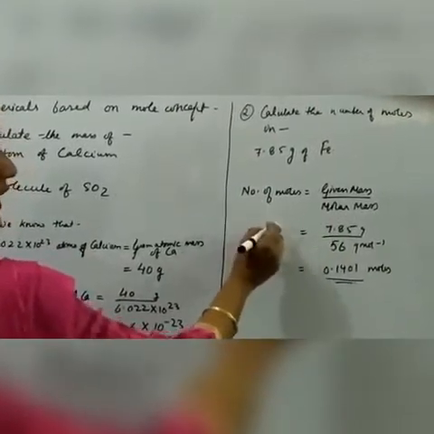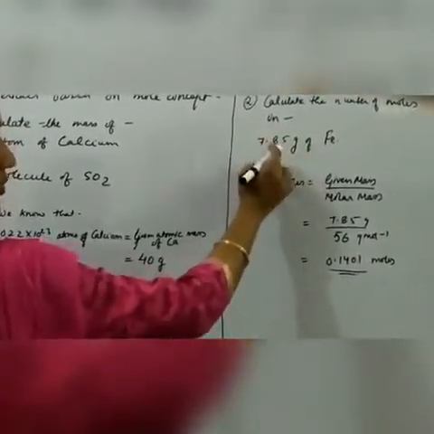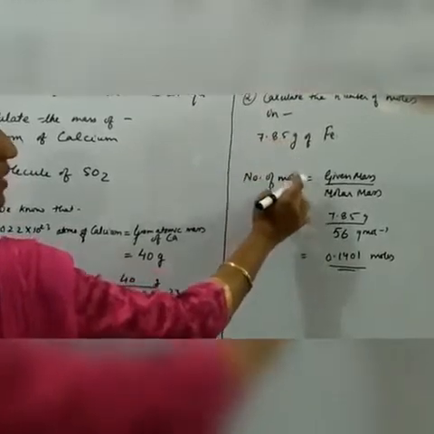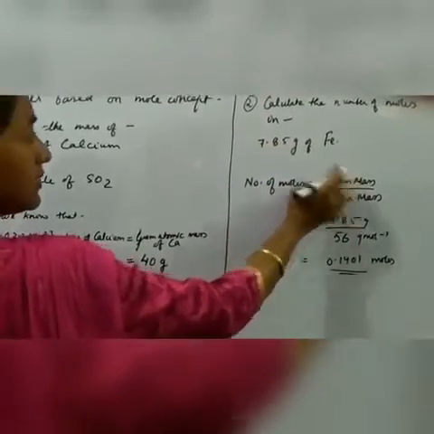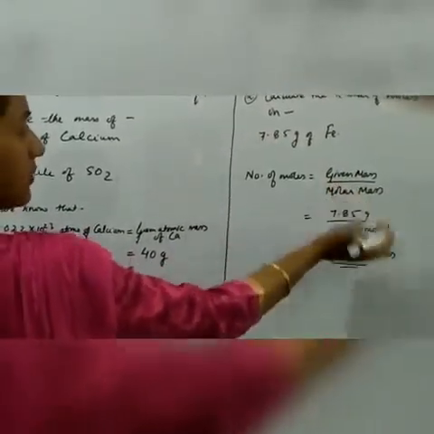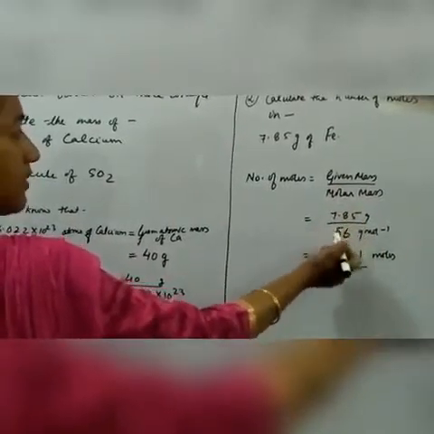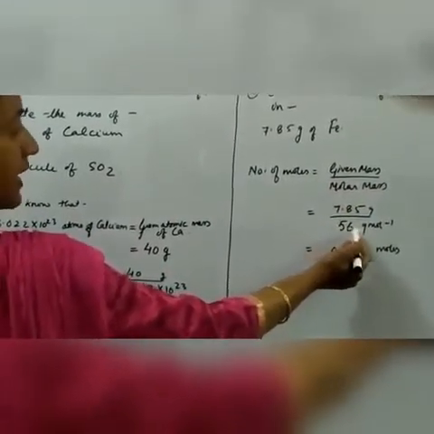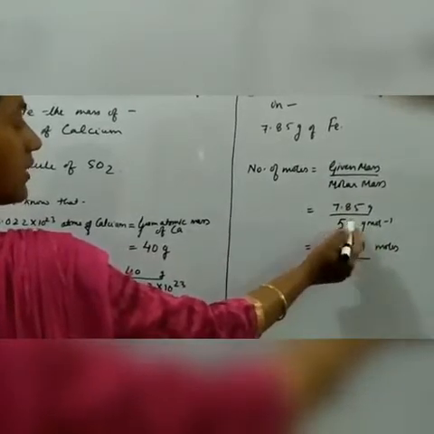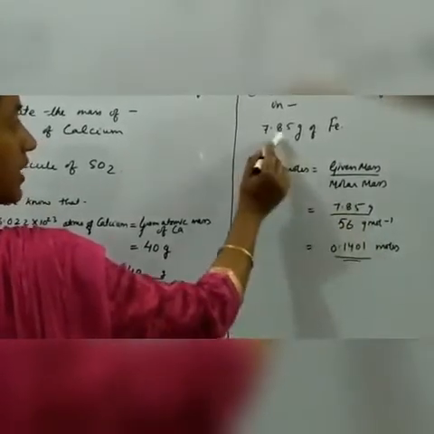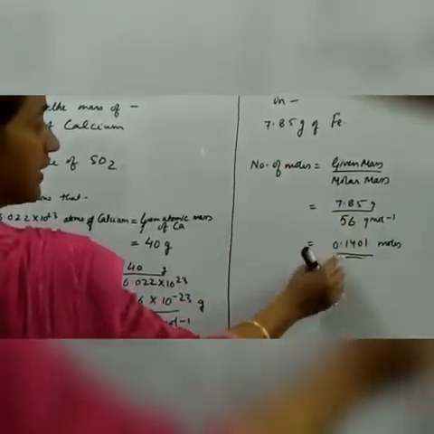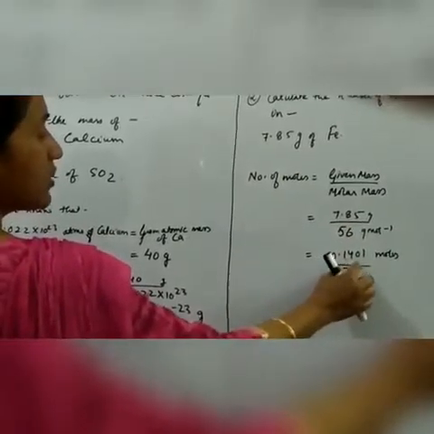The molar mass of iron is 56 gram per mole. So it is 7.85, which is the given mass, divided by 56, and we get 0.1401 moles.